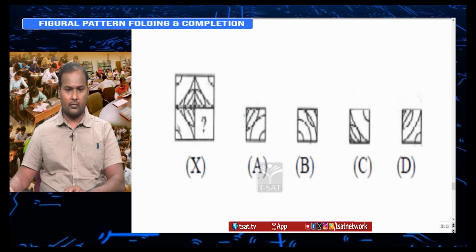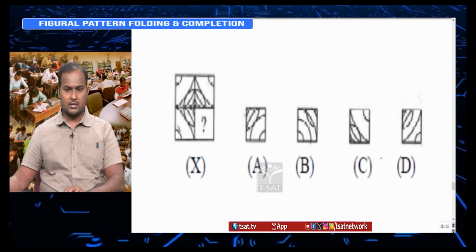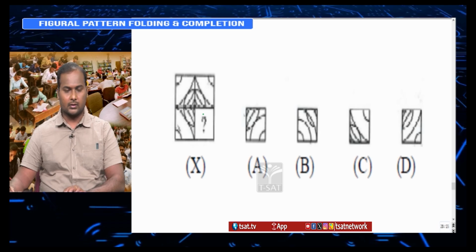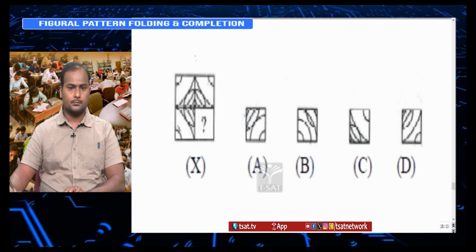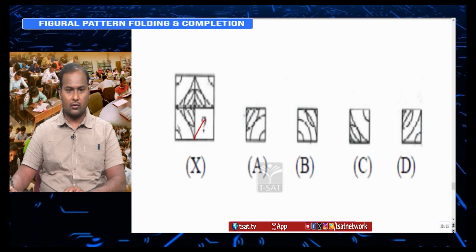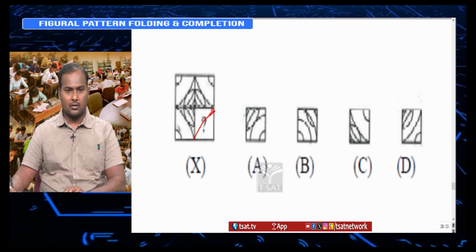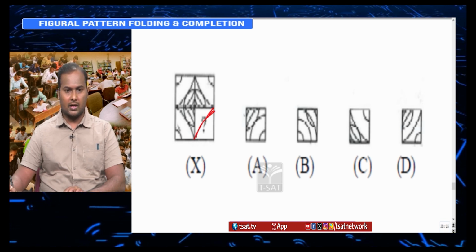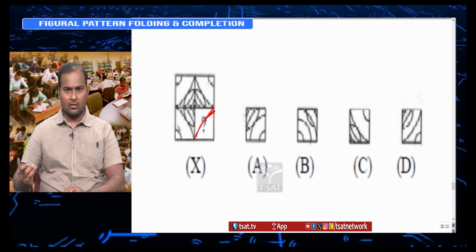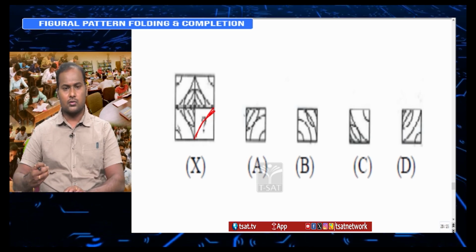You need to identify whether option A, B, C or D, which one you will fill so that it will be a complete figure. For this, I said that you have to draw an image directly from one corner to another corner. Because whenever the figure is a bit cumbersome, quite extensive, you start eliminating.